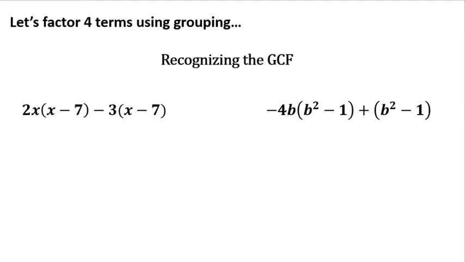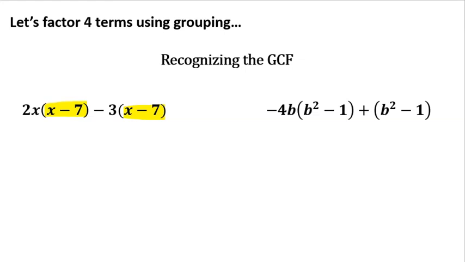So when we look at this first expression here, we notice that we have x minus 7 and x minus 7. And so these are really super duper easy. So we're going to think about that as the GCF. So instead of multiplying by the same monomial, it's multiplying by the same expression or binomial.